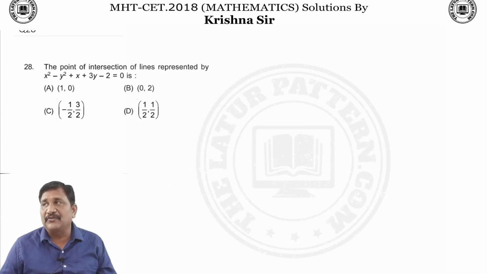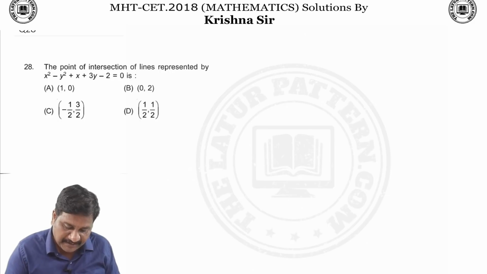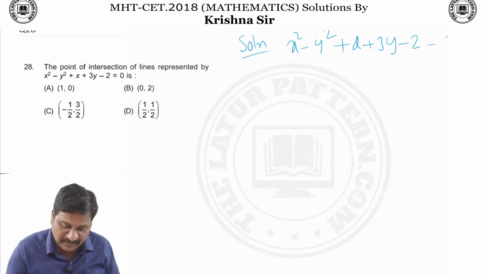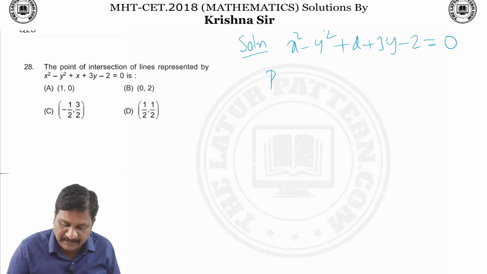The solution of question number 28. The point of intersection of lines represented by x square minus y square plus x plus 3y minus 2 is equal to 0. Its intersection point we find by using partial differentiation.